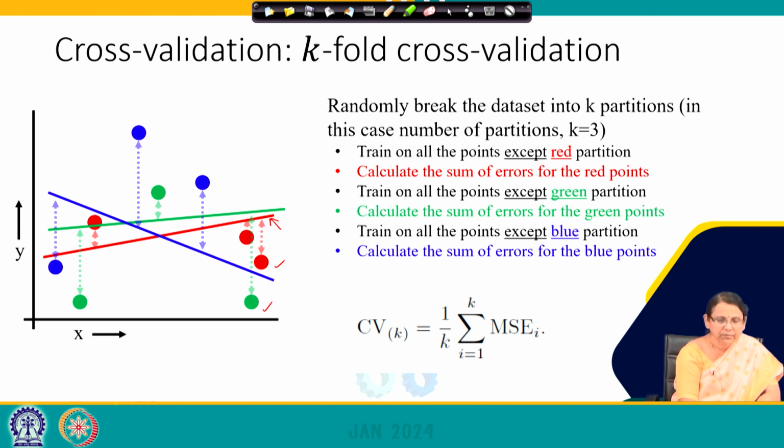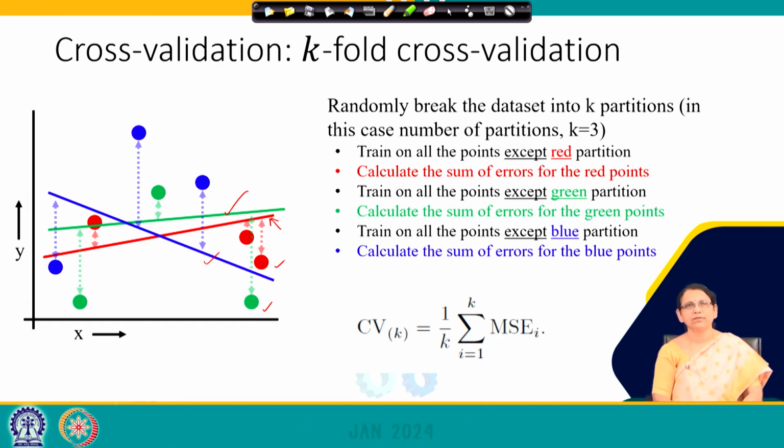Then we keep the green aside, and with red and blue we train. So, this is the model, and this is the third one. Taking each of these, we will get some mean square error. Here k is equal to 3, so we will get mean square error 1, 2 and 3. Now, if we take the average, we get the cross validation mean square error.